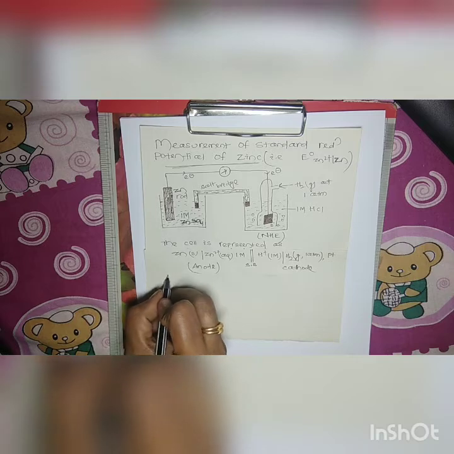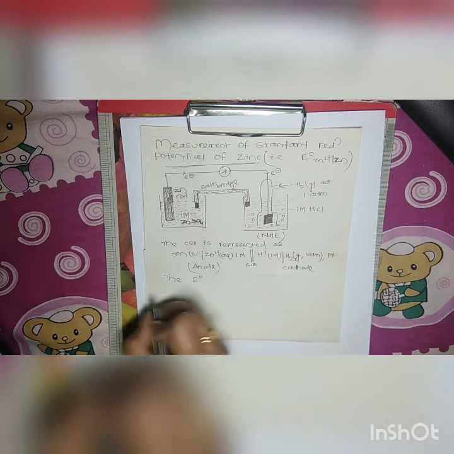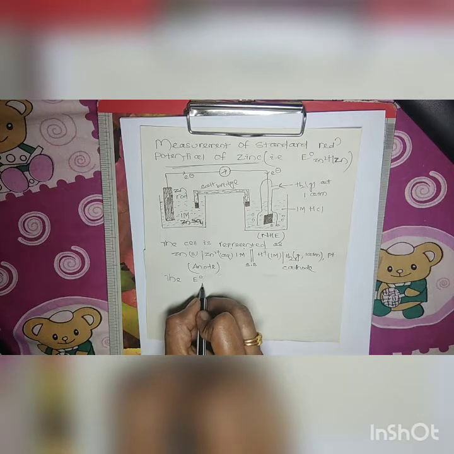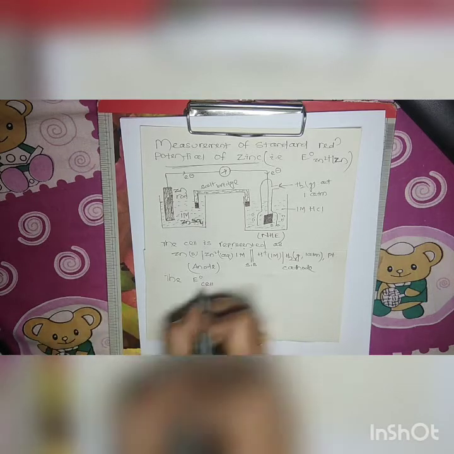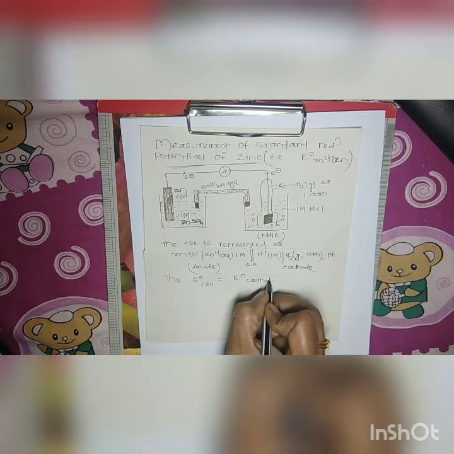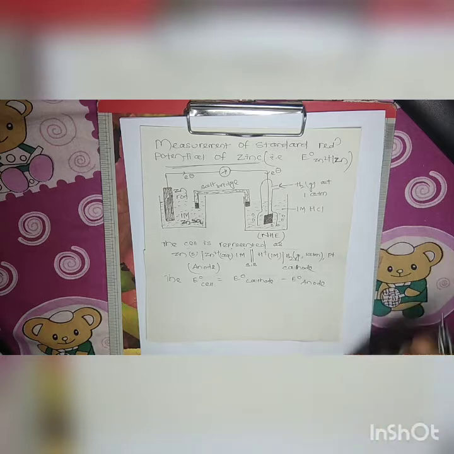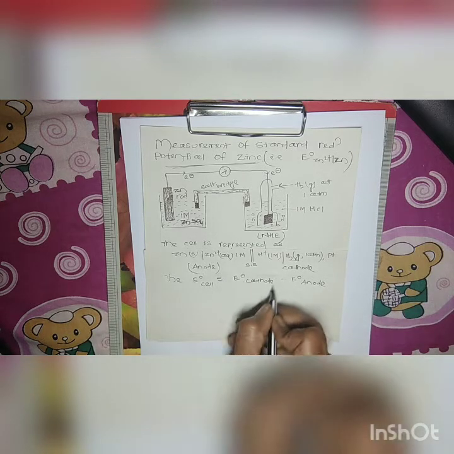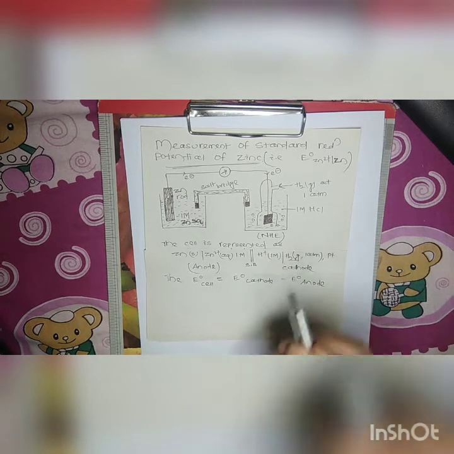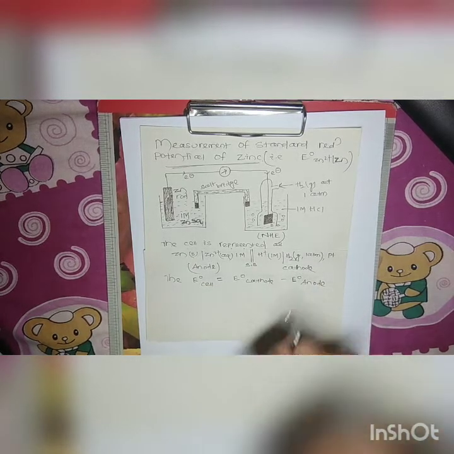Now, the EMF of the cell, E naught cell at standard conditions, equals, we know, E naught cathode minus E naught anode. Now here, who is cathode? Cathode is the hydrogen electrode and anode is the zinc electrode as represented by the diagram.